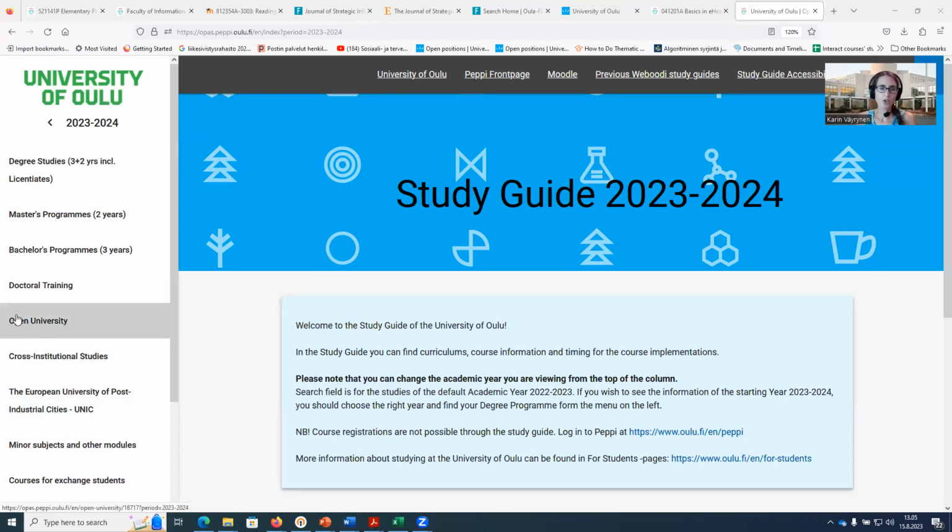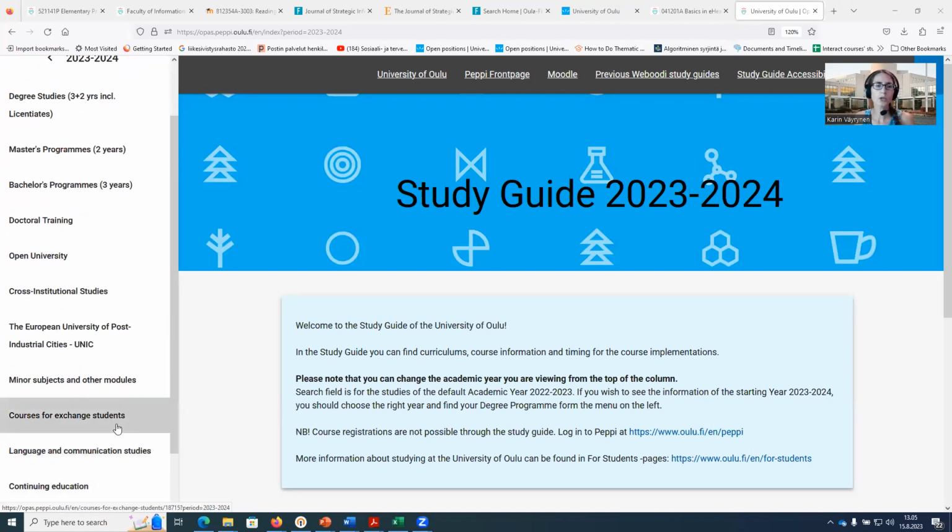Then there is something called Open University, where there are also a number of courses that you can take as optional studies and include in your degree. Courses for exchange students are not courses you are automatically allowed to take, because they have a certain contingent number of places reserved for exchange students in the University of Oulu.